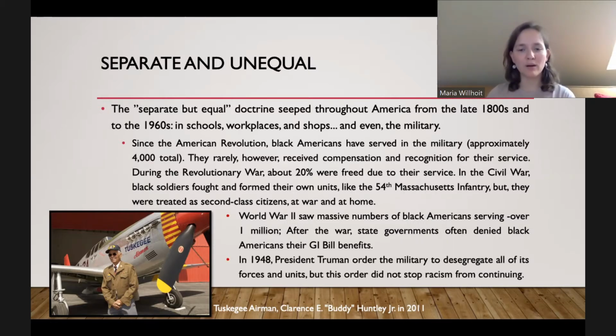The GI Bill and the benefits that a lot of Americans, white Americans, received, they were denied to Black Americans. It wasn't legal. They weren't legally allowed to be denied, but they were. People looked the other way. They made excuses to not help Black Americans. So they did not receive the benefits and the help that so many white Americans got after the war.